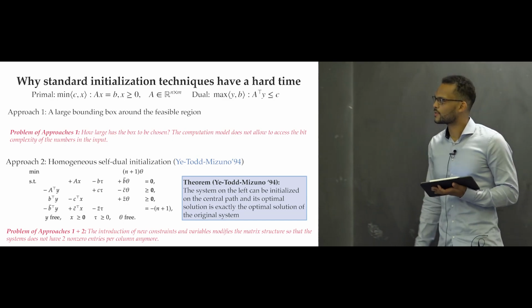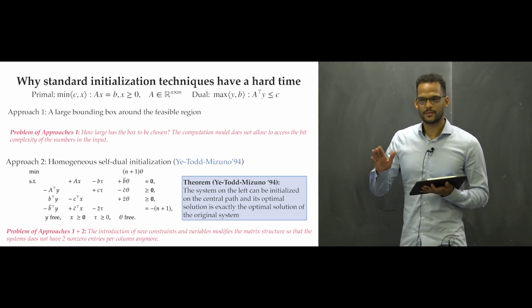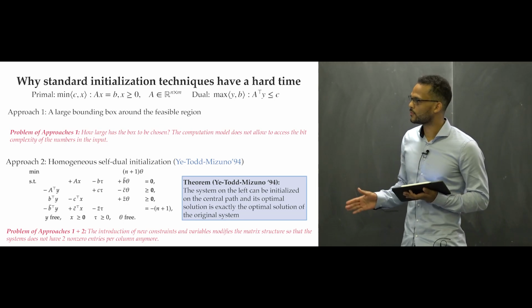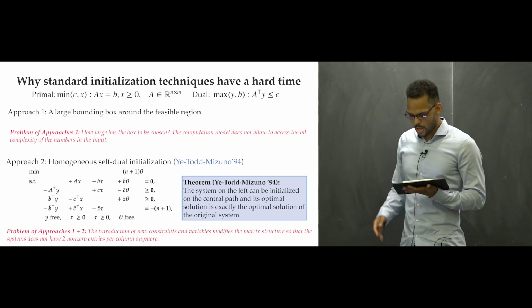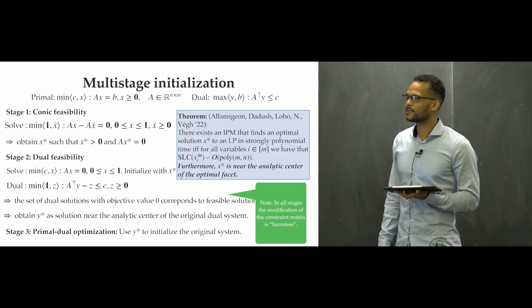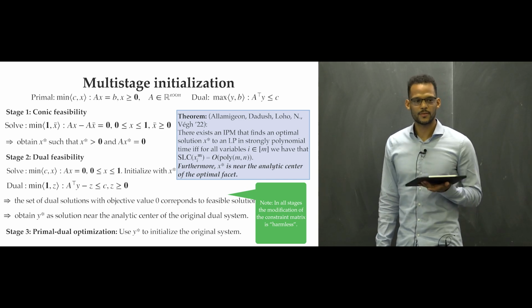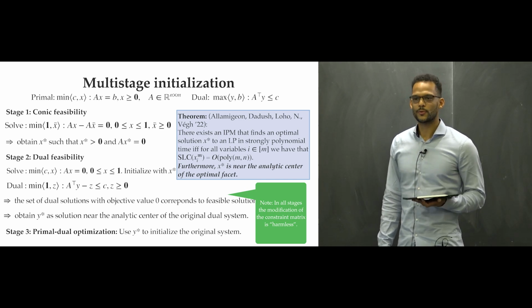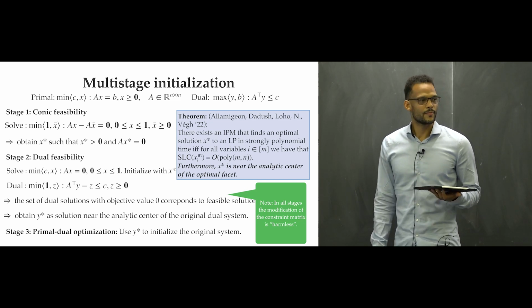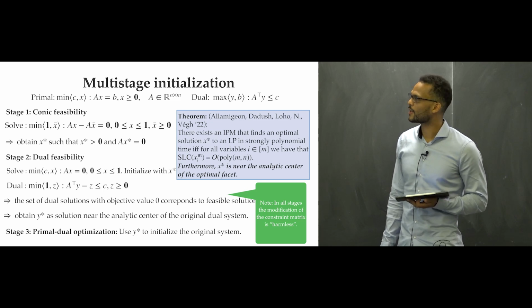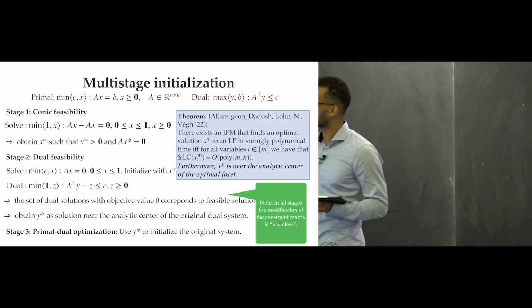So what we did in the end was come up with a completely different initialization technique that is very general, applies to general LP, and therefore in particular also for min-cost flow, that resembles a bit the two-stage simplex method. What do you do in the simplex method? You also have the struggle that at first you have to find a vertex of your polytope, and then you can run the simplex method to find the optimal solution.